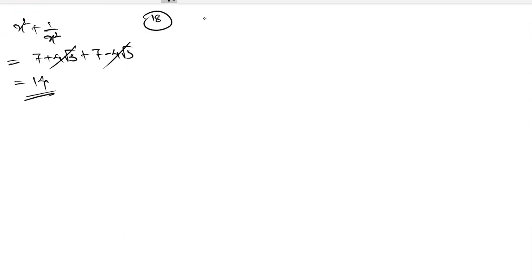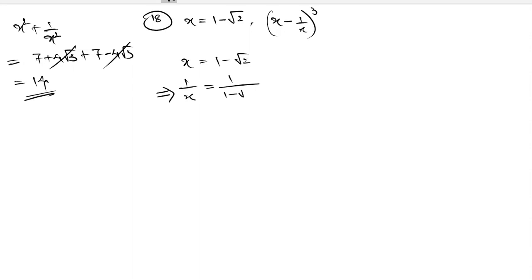18th one. X is equal to 1 minus root 2. You have to find the value of x minus 1 by x the whole cube. Okay, so x is equal to 1 minus root 2. Can you tell me what will be 1 by x? 1 by x will be 1 by 1 minus root 2.